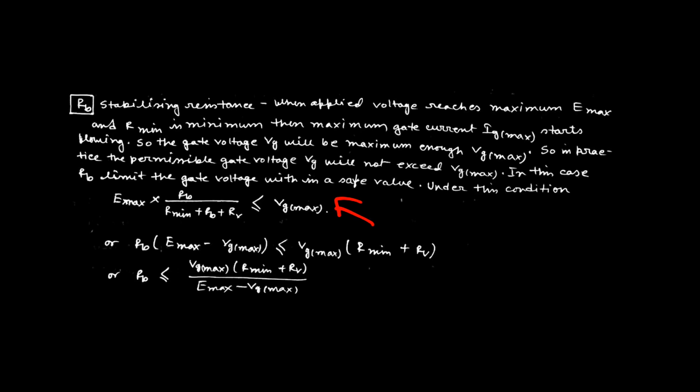After simplification, we can rewrite the expression: RB should be less than or equal to VG max into Rmin plus RV, divided by E max minus VG max. So the value of RB can be defined by this expression. This is the design value of RB, up to which we can generate the allowable gate voltage across gate to cathode.